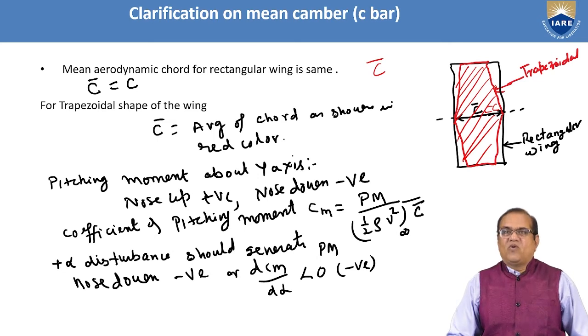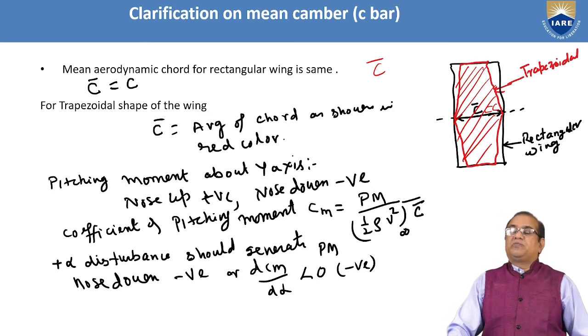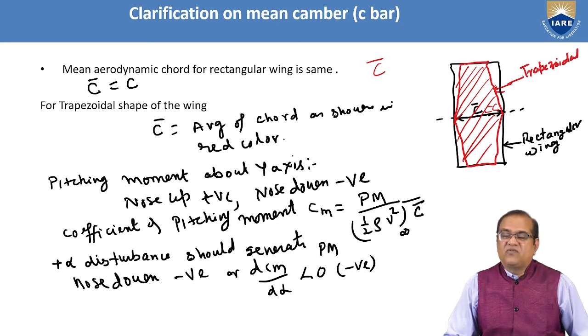Pitching moment about the y-axis: if the nose is going up, it is positive, and if the nose is going down, it is negative. Coefficient of pitching moment Cm is equal to pitching moment divided by half rho V infinity squared S C bar.